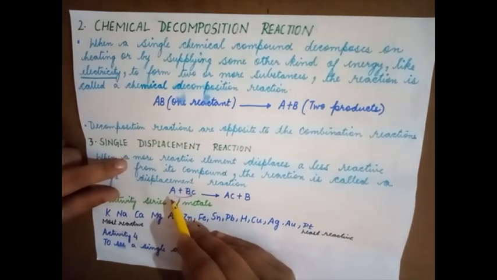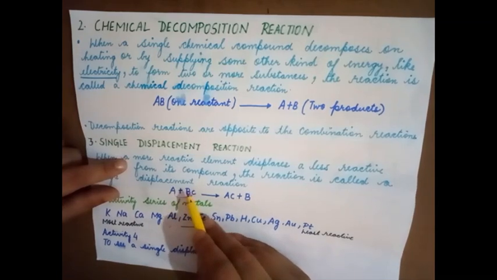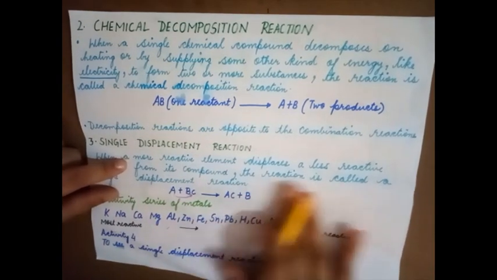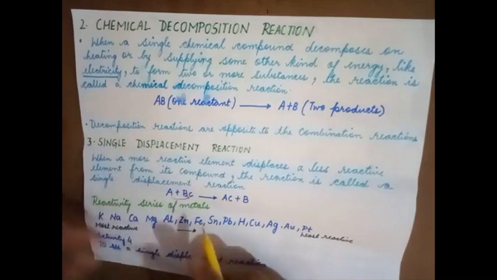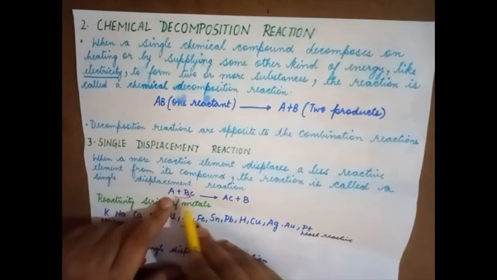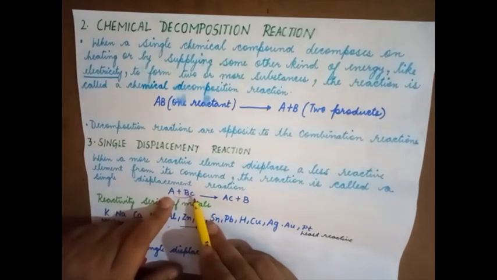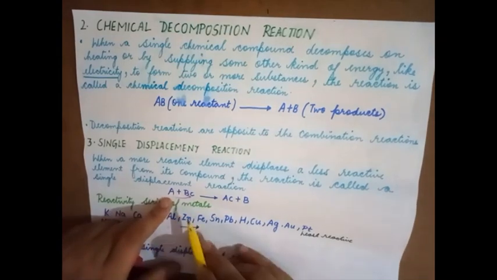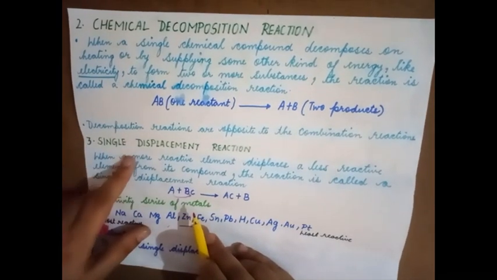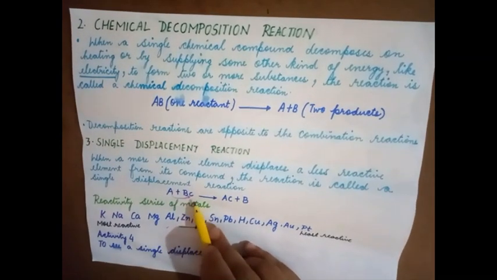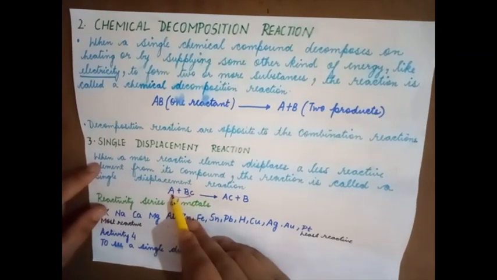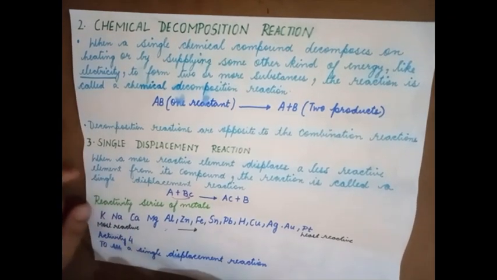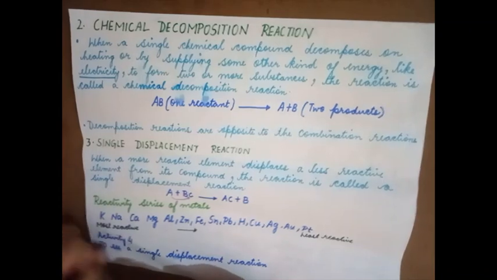A is very strong and very reactive, so it goes and combines with C. But B is less reactive, so B is being displaced. So a highly reactive element is displacing a less reactive element from its compound. So this is called a single displacement reaction. The displacement is just seen once. That's why it's called single.